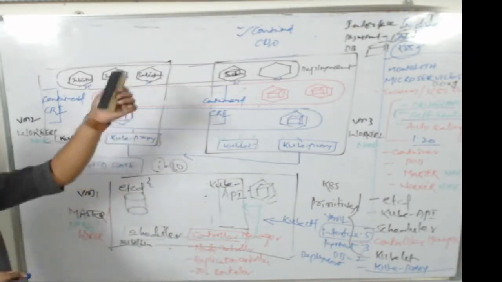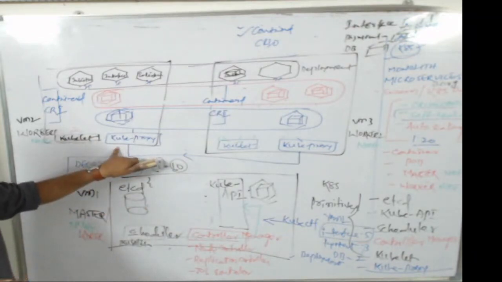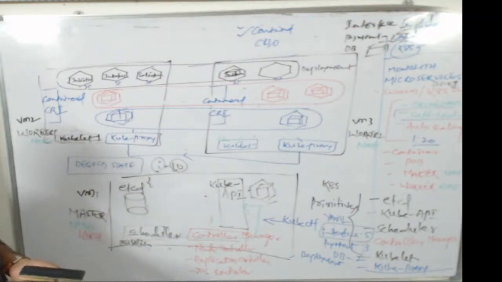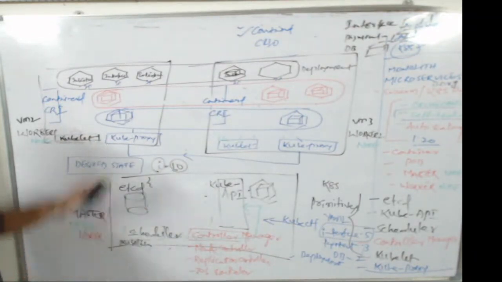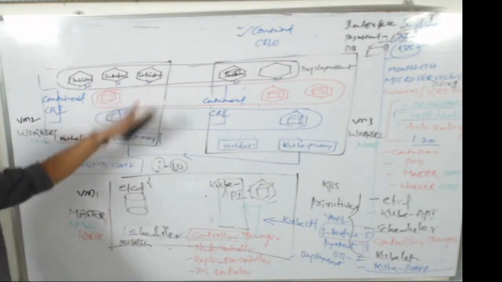All pods on all the nodes can talk to each other through proxy. So if this interface wants to talk to this database pod, it has to know its IP.